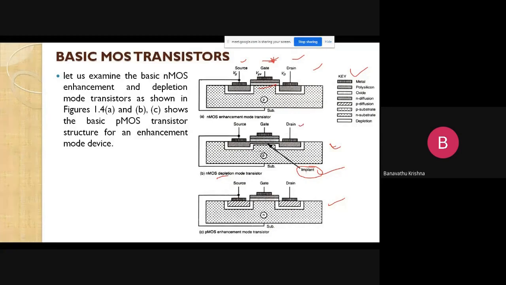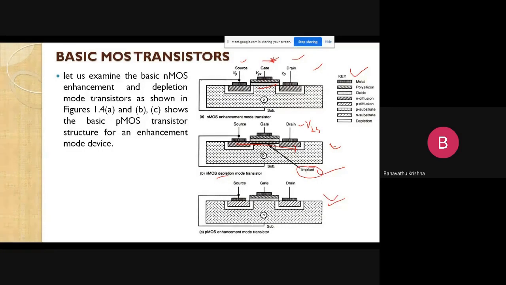Whereas we can apply the drain voltage, that is nothing but VDS. Then the charge carriers move from source to drain through this channel. When the charge carriers move from source to drain region, the drain current flows from drain to source region. This is the region carrying the drain current by the applied gate voltage, right? Next.